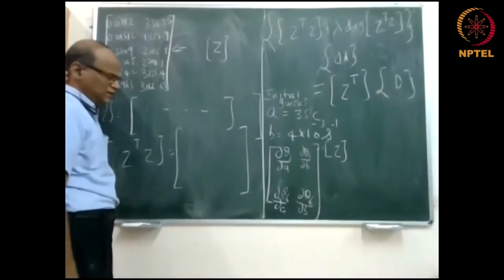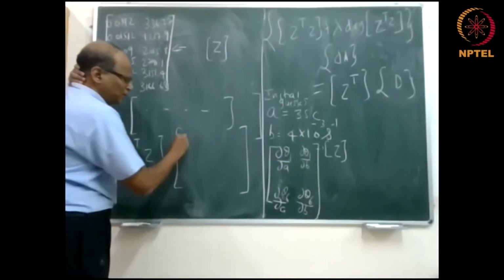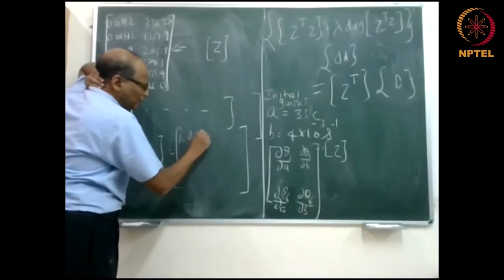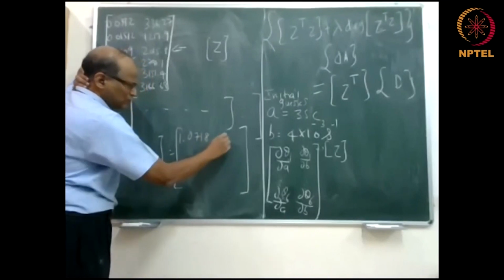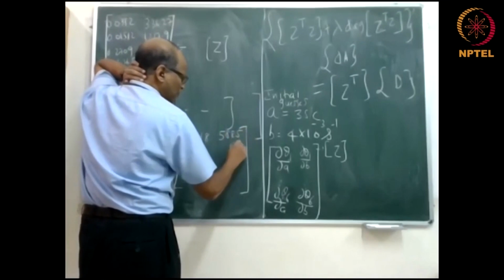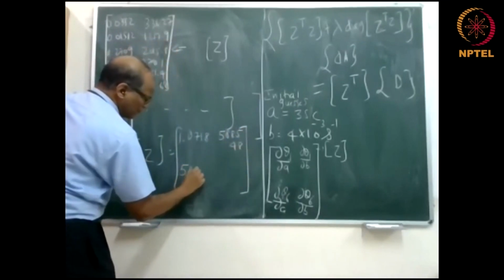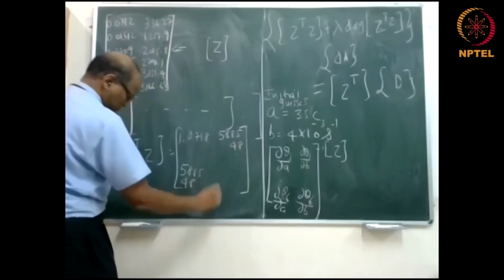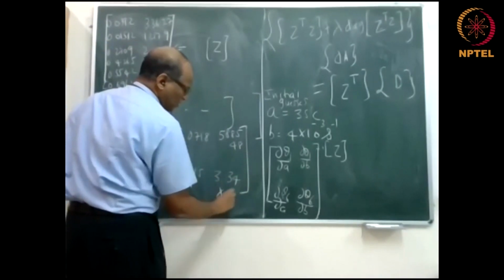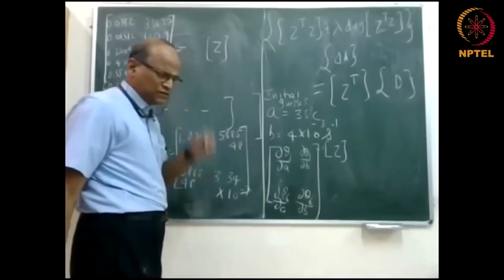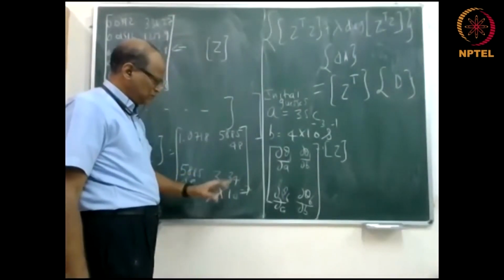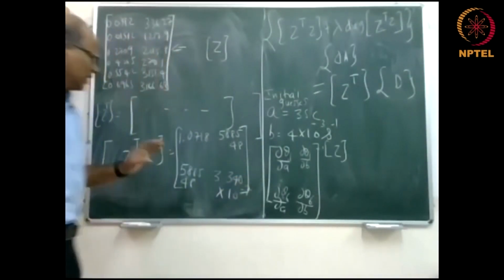It is 2 by 2, right? 1.0718. 5885.48. 3.34 into 10 to the power 7. Suhas, is it? Yes, 3.34. Tell me the third one. Okay. Z transpose T.